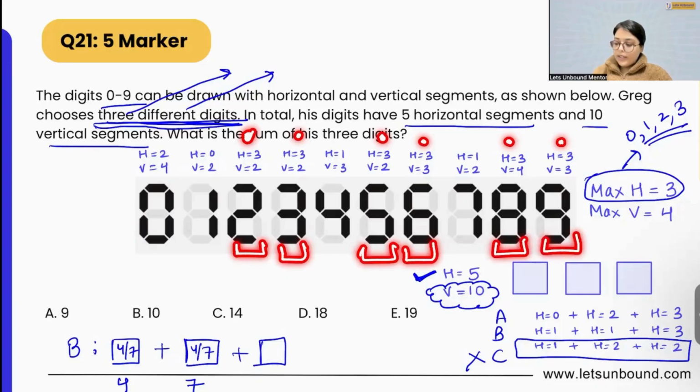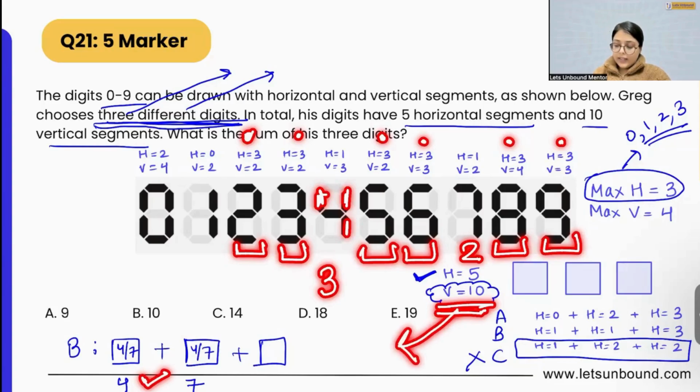So we need to look at the second condition, that my total count for vertical segments should be 10. If I have taken 4 as my first digit, in 4 you see how many vertical segments are covered? 3. For 7, how many vertical segments are covered? 2. So 5 are already covered and the total should be 10, so only 5 can be used further, but the maximum vertical segments in any digit is 4.